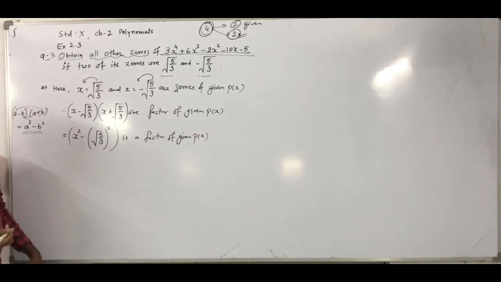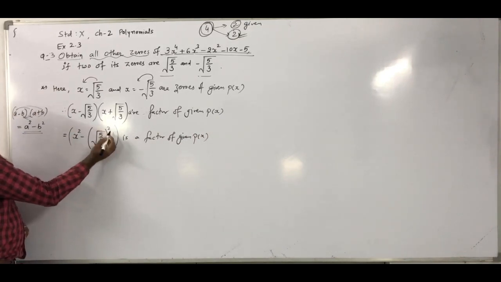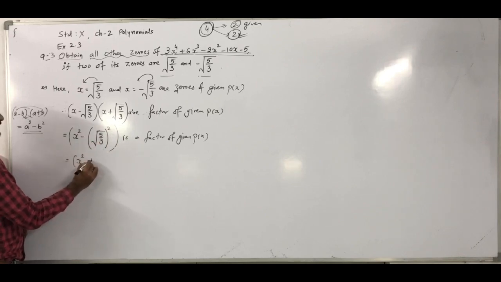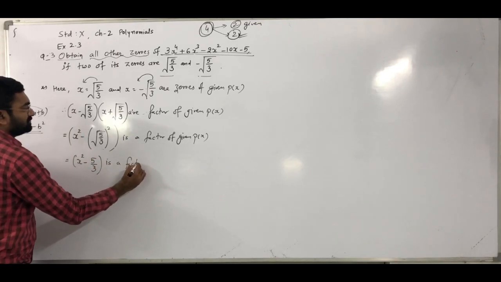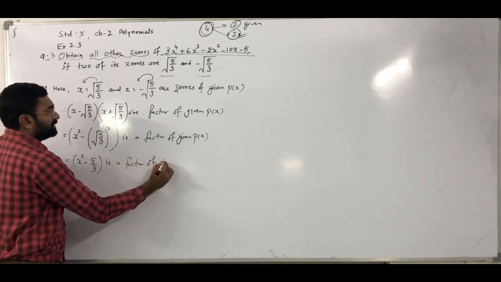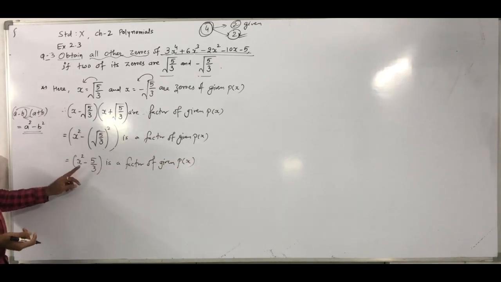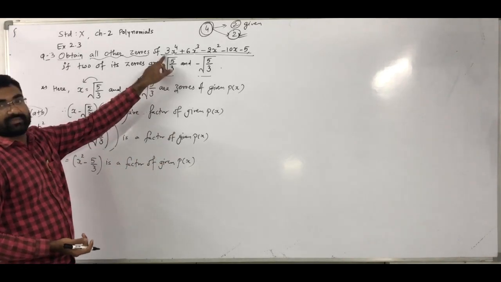Now observe, this is x square. Here root 5 by 3 square, the square and square root cancel out, so we get x square minus 5 by 3 is a factor of the given p of x. So this x square minus 5 by 3 is a factor of that p of x, right?